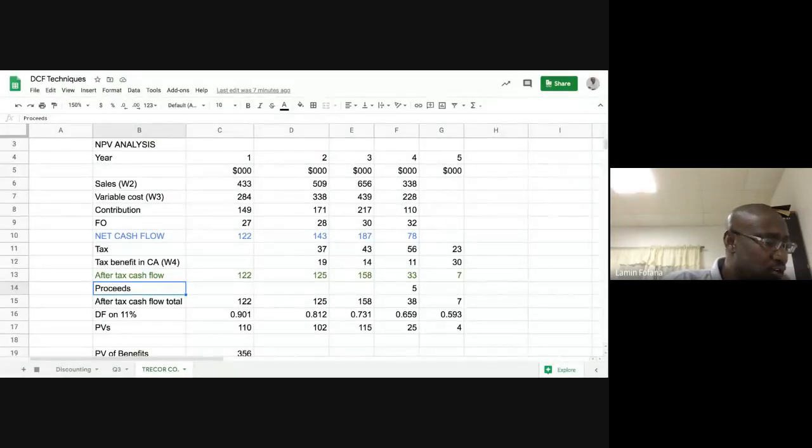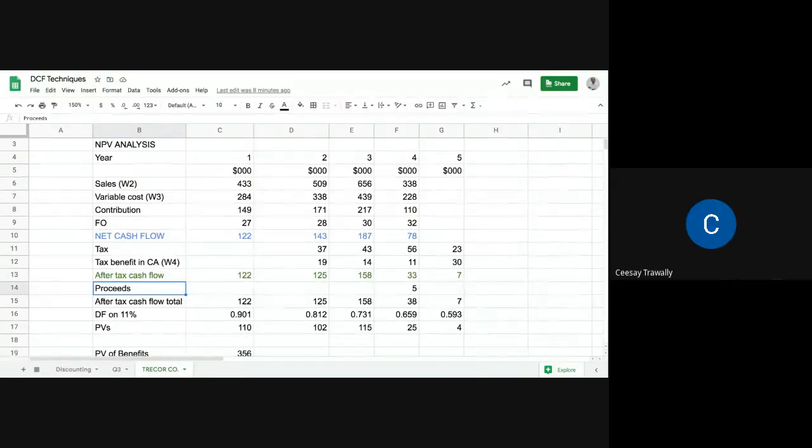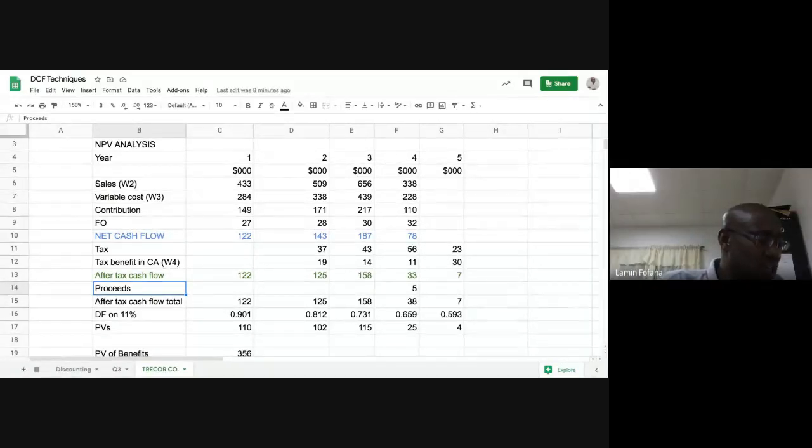So you add all of them, and you calculate your total depreciation. Just like when we are doing our ARR, your total depreciation will be the 250,000 less the scrap value, 5,000. So when you add all the net cash flows before tax, that gives you 530,000.